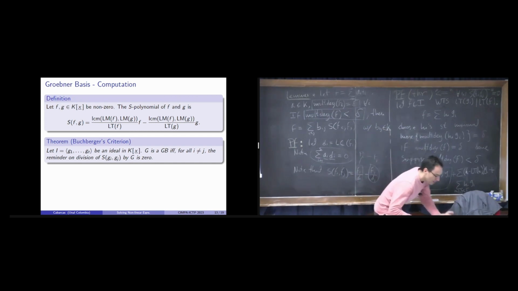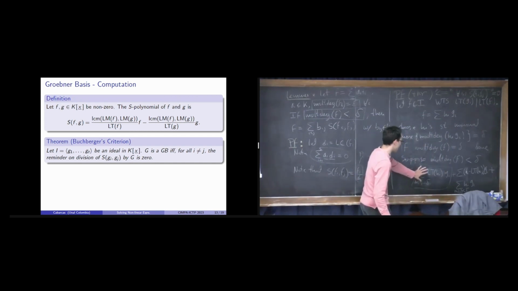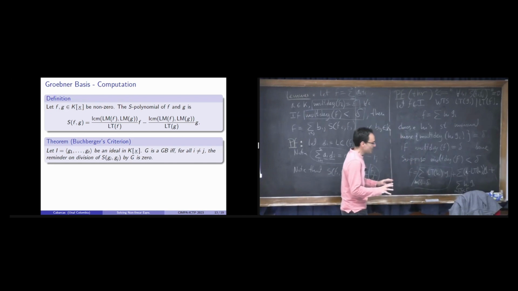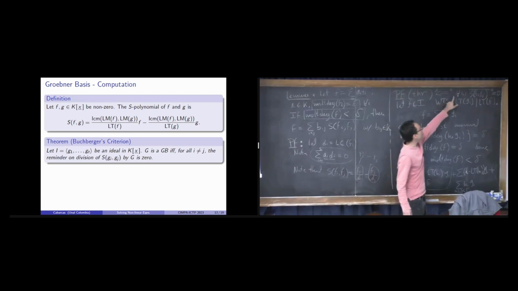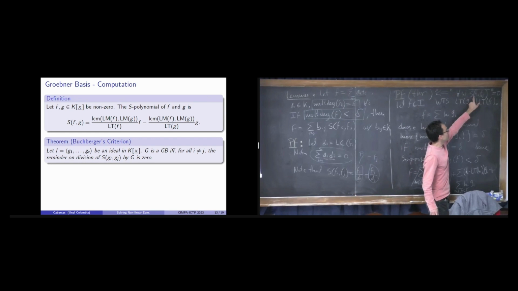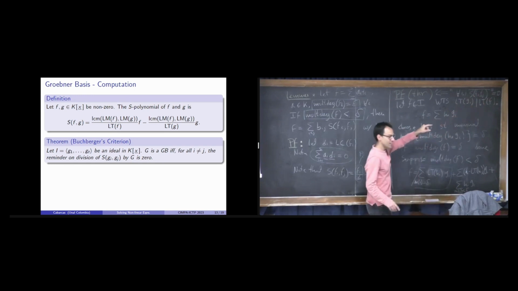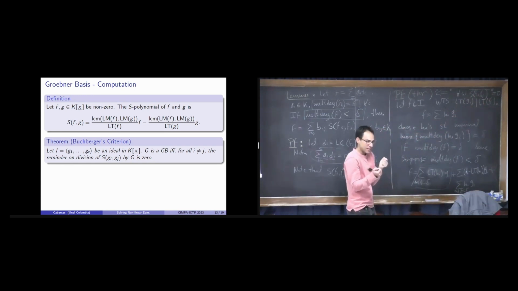Since we have little time, I'm just going to tell you what happens next. Then you apply the lemma here. This is where the cancellation is happening. You get this in terms of the S polynomials. Then you apply the hypothesis. The S polynomials are divisible by G, so you express each one of the S polynomials in terms of the basis using the division algorithm.